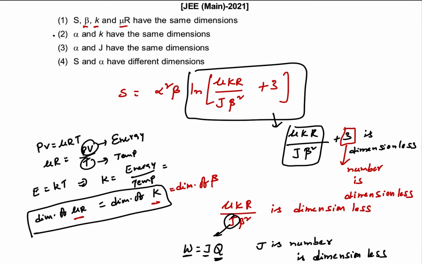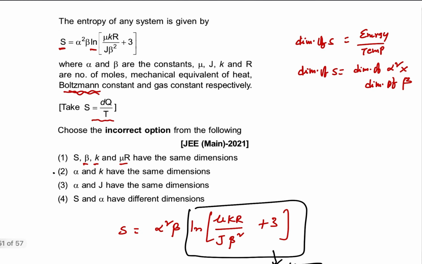We know that dimension of alpha square and beta, you check that here. Dimension of mu r, k and beta, everything is having dimension of energy only. So you can say that dimension of S and dimension of beta also same only. Okay, dimension of S is same dimension as mu r.